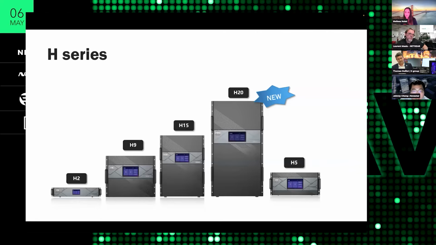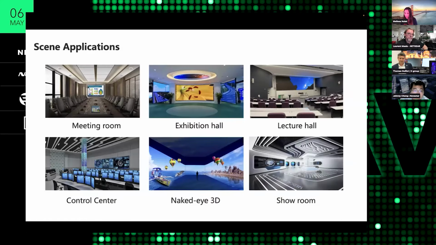For now, we have the H2, H5, H9, H15, and H20 as the family. They are different models for different scenarios. They are very hot selling and also our star products for meeting room cases, exhibitions, and lecture rooms for universities. And of course, today's new solution for the control center.